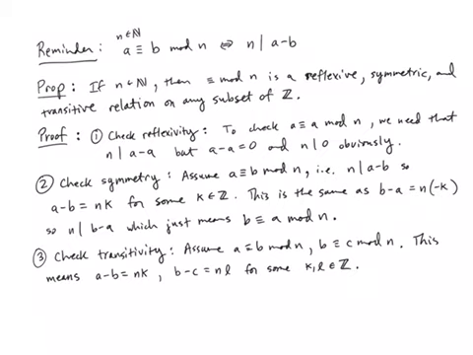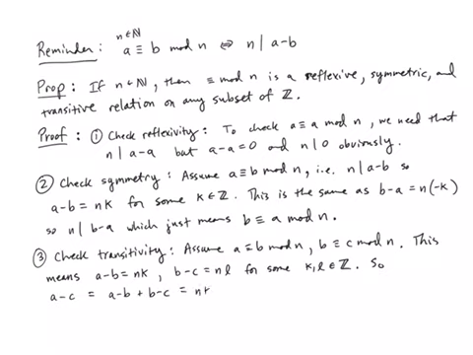We want to say that A is equivalent to C mod n. So we just want to rewrite that in terms of A minus B and B minus C. Right? If we take A minus B and add B minus C, we get A minus C. So this is equal to A minus B plus B minus C.